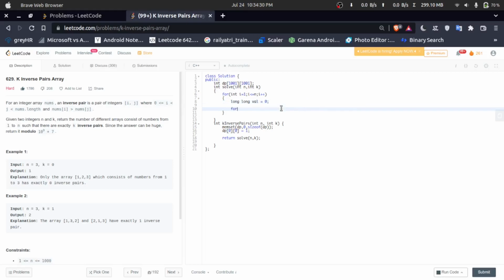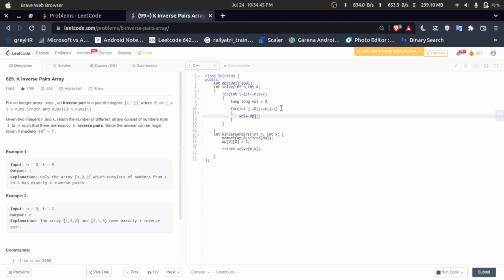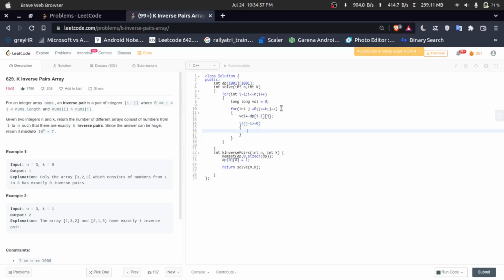So for integer j equals 0, j less than or equal to k, j plus plus, val will be dp of i minus 1, j, and if j minus i is greater than or equal to 0, in that case I will deduct that value from that variable, that means dp of i minus 1, j minus i.